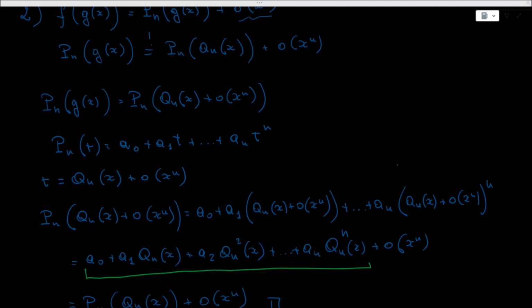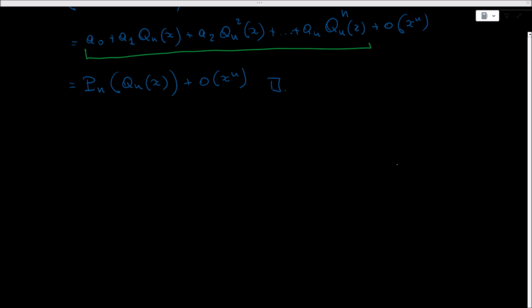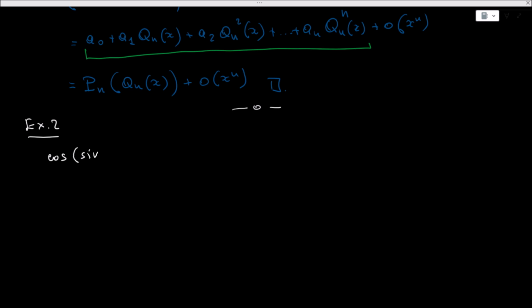Now that we have proved the theorem, let's apply this powerful result to this example 2, where we want to expand in Taylor polynomial the function cosine of sine of x up to the order n equal 4 around the origin.